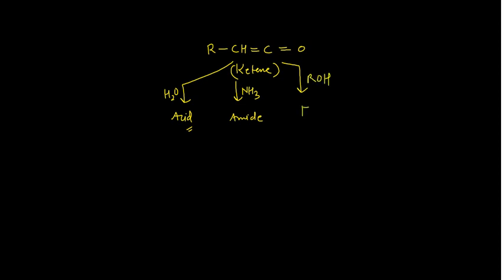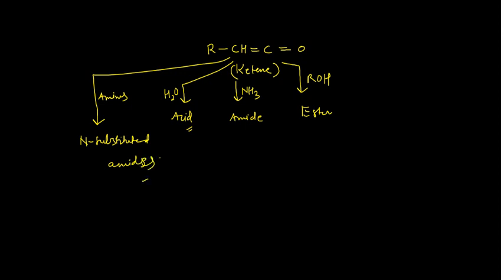Then it will produce your ester. And this ketene may also react with amines, and when it reacts with the amines, it will produce N substituted amides. So these are the possible reactions in that case.